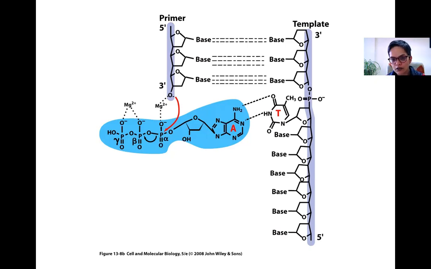So even after the phosphodiester bond is formed, if the polymerase senses that this is an incorrect nucleotide, it will activate an exonuclease function. This is a 3' to 5' exonuclease function, which will then go and cut the incorrect nucleotide, kick it out, and then allow the new nucleotide to come in. And this increases the accuracy of the polymerase tremendously.